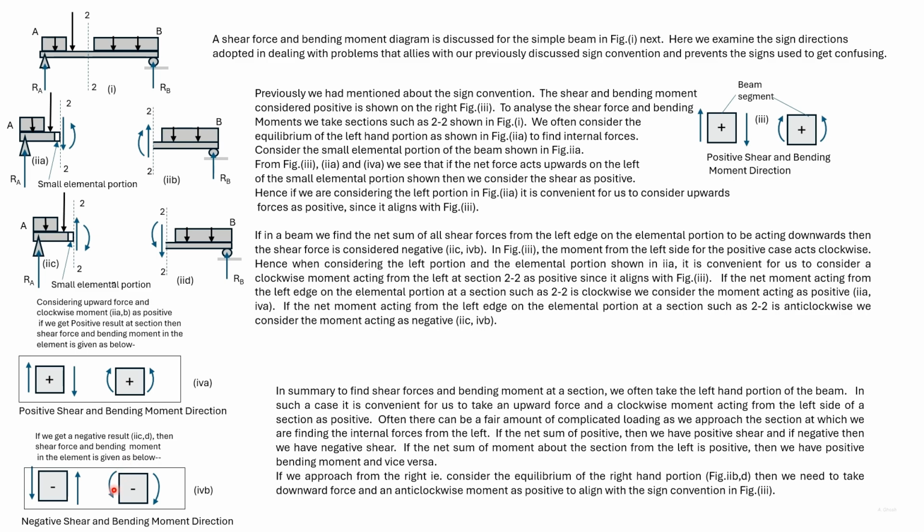The net moment is given here, and on the other side there must be a clockwise moment for equilibrium. So the negative moment here matches with our sign convention. So on the whole, we can say that if we take clockwise moment from the left hand side as positive, then the values that we'll get will match our sign convention.